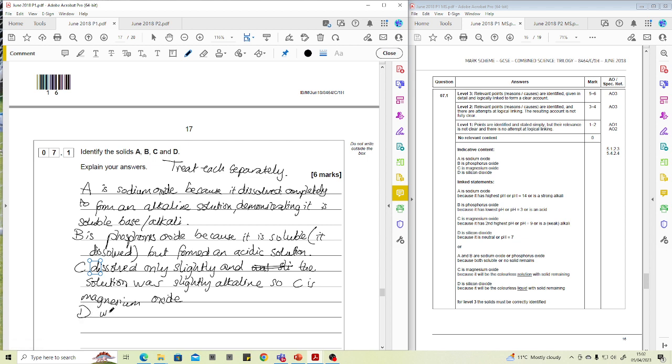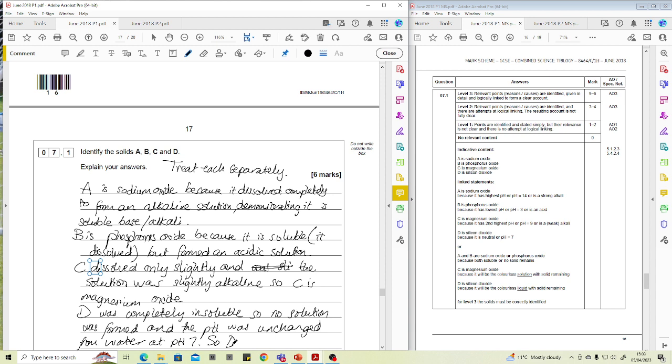D was completely insoluble, so no solution was formed. And the pH was unchanged from water, at pH 7.